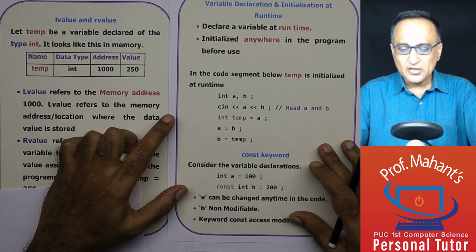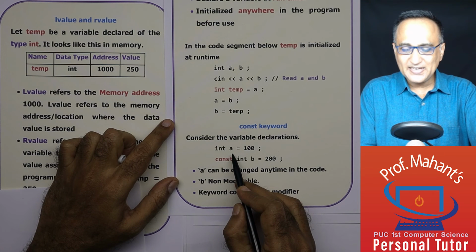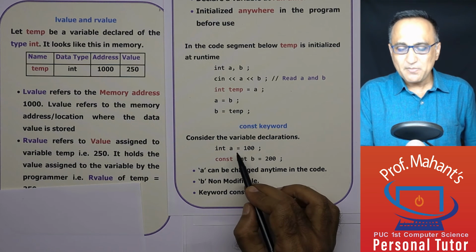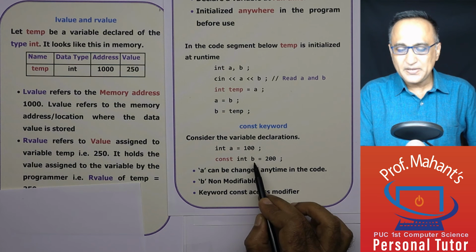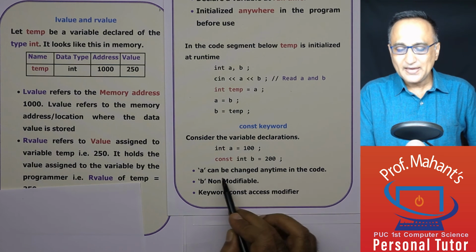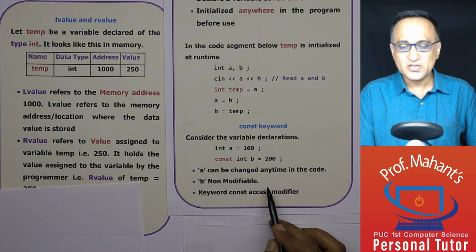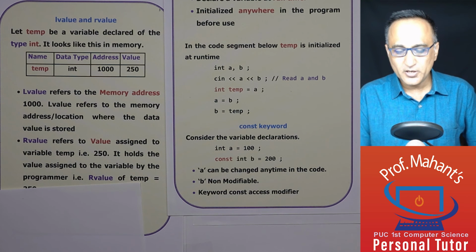Now let's understand what this const keyword is. All right. If you look at this declaration, I'm saying int a value 100. Now I can make a 200, 300, anything. But if I say const int b is equal to 200, a can be changed anytime in the program, but b cannot ever be changed. It is a constant or fixed memory location whose value does not change during the execution of a program.